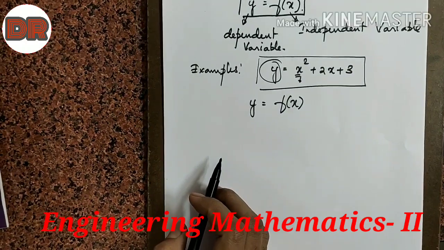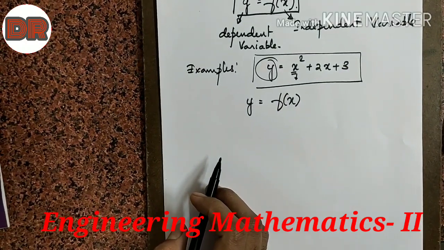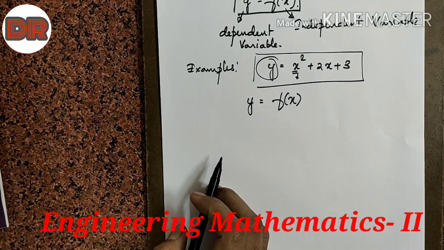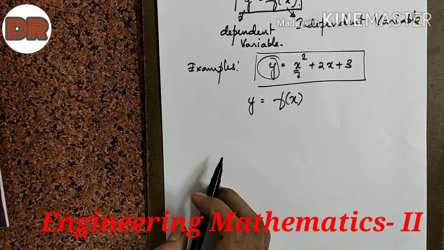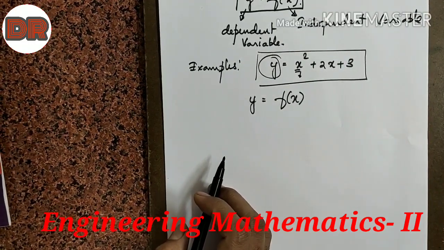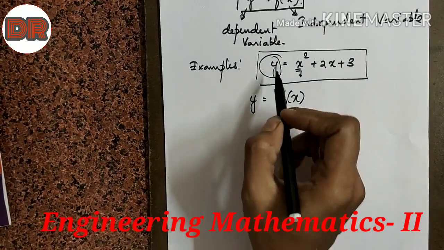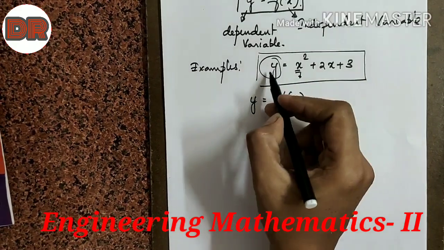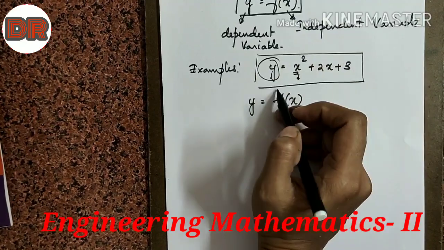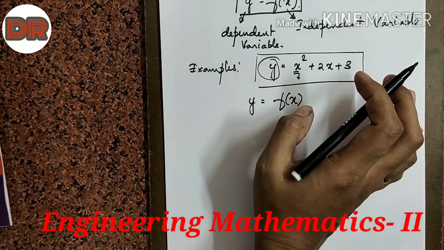So this is an example for just an equation in terms of independent variables. If you observe this equation, we don't have any differential terms over here. So this is not a differential equation.